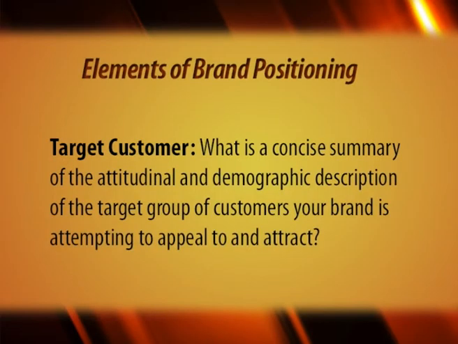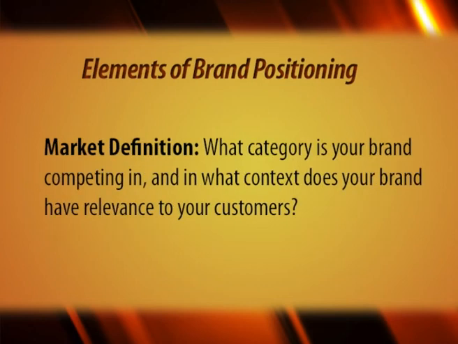There are 4 essential elements of a best-in-class positioning statement. 1. The target customer. What is a concise summary of the attitudinal and demographic description of the target group of customers your brand is attempting to appeal to and attract? 2. Market definition.